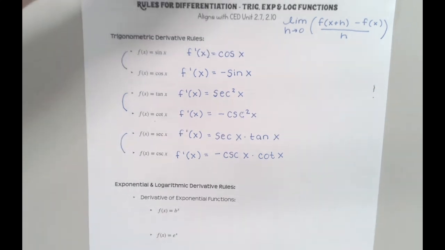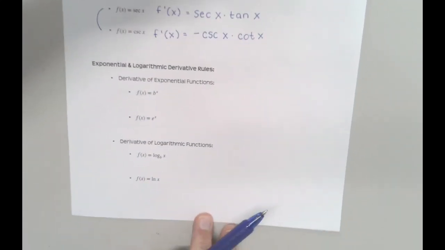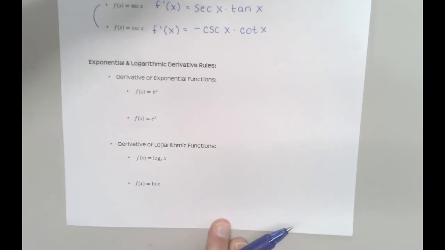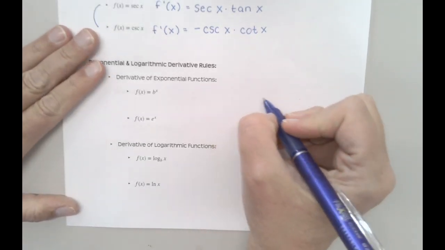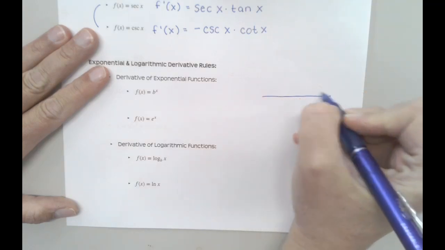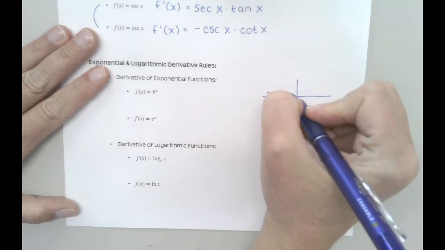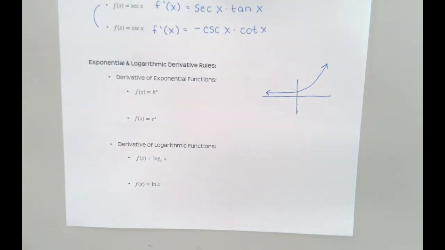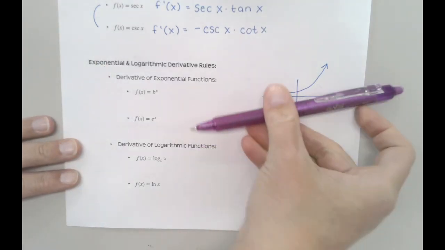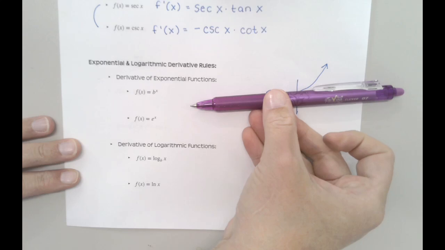Okay, let's talk about our exponential functions down here. This was another one that we drew a graph of previously. Just to remind you what that would look like, if you have an exponential function that looks like that, and I ask you to draw me what the derivative would look like. Well, over on this side, your derivative is going to be awfully close to 0, right?